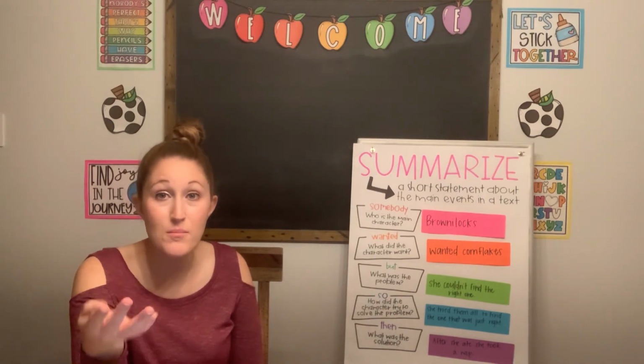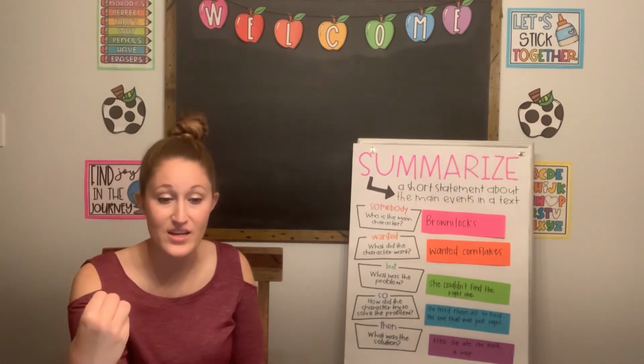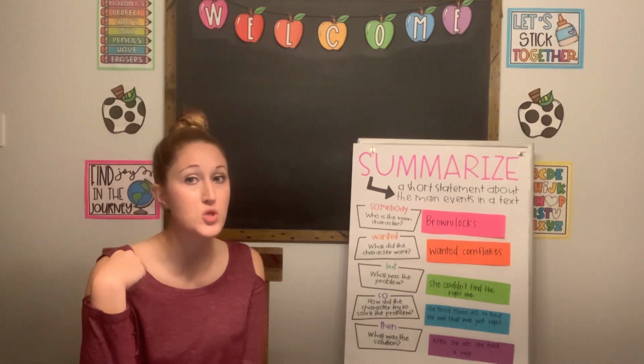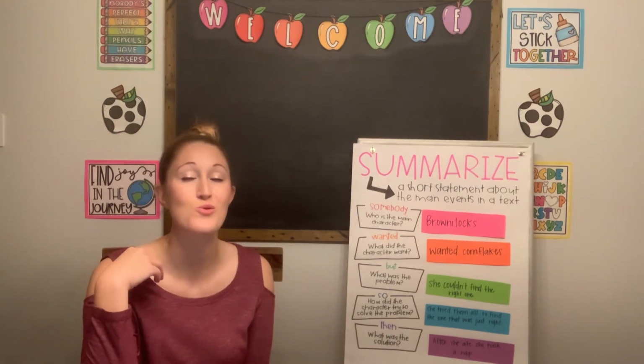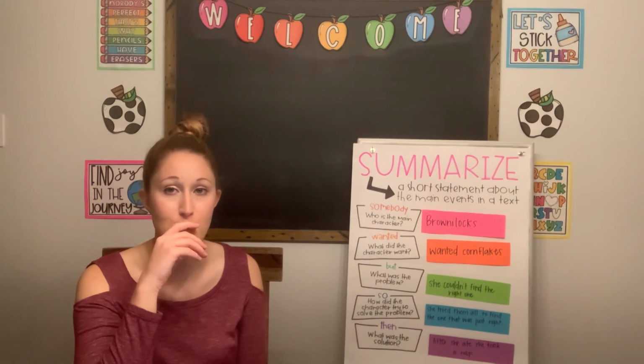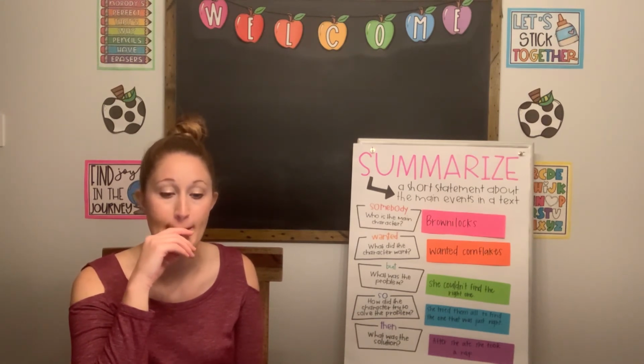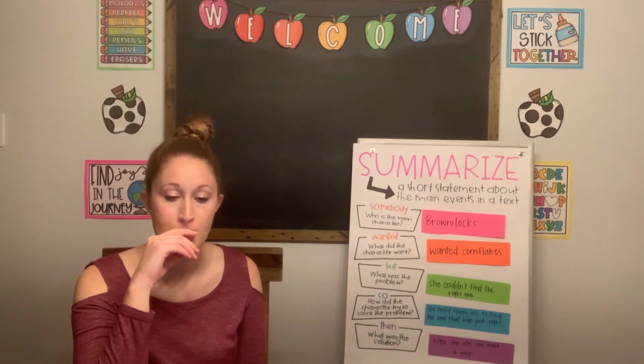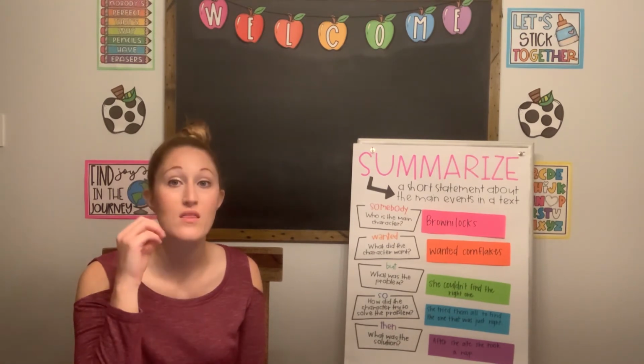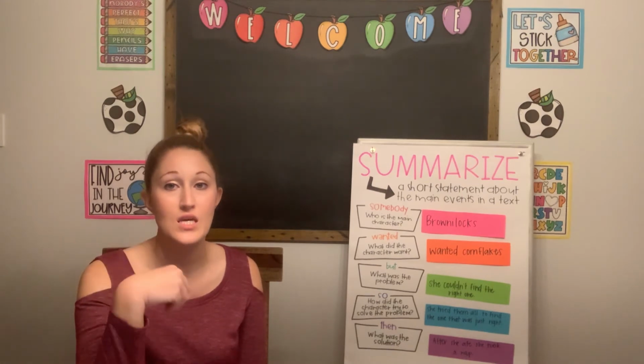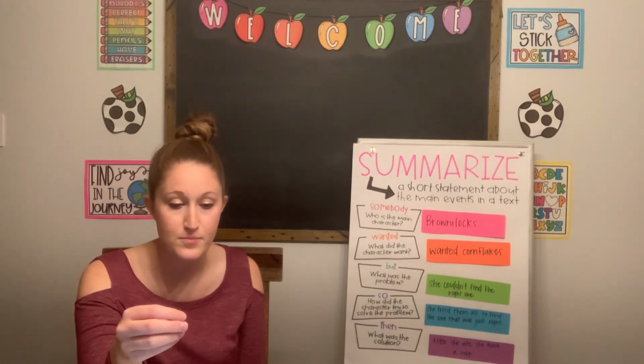That's right, it's somebody else, right? It's a narrator. So does that mean that this story is told in first person or third person point of view? That's right, third person, right? We're using words like he, she, they.